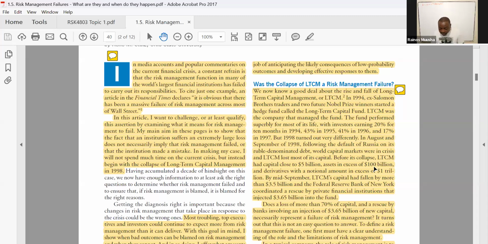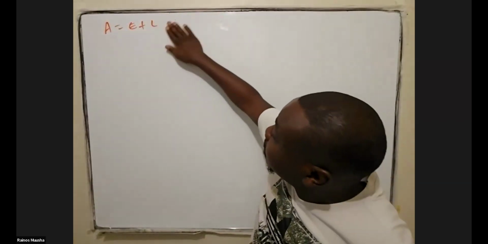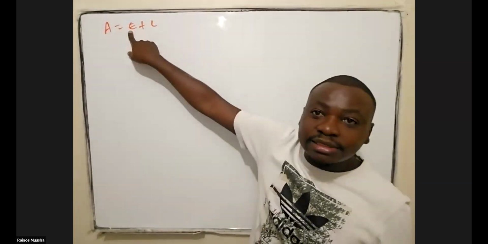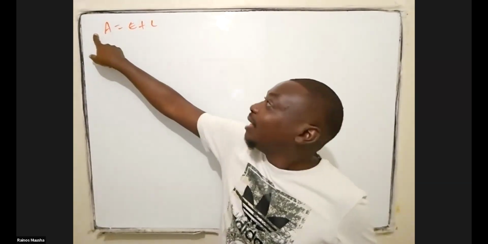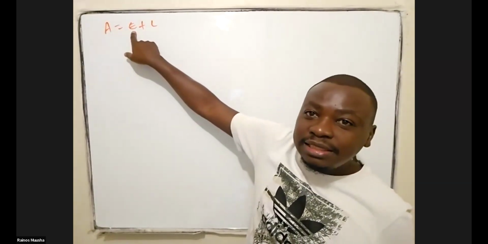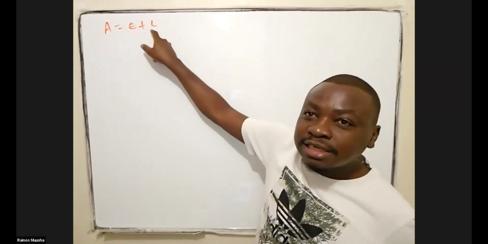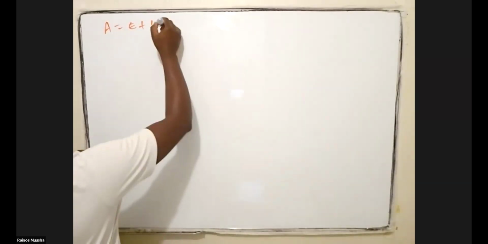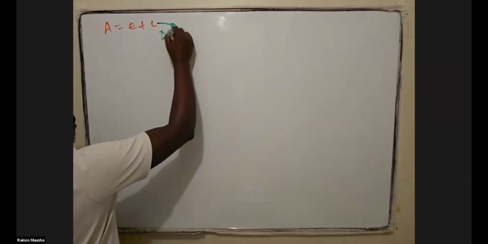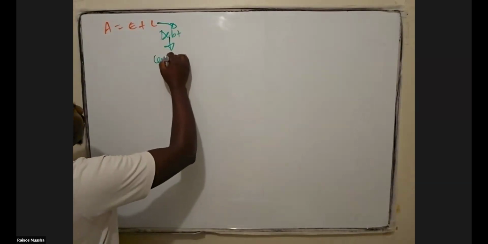Remember, your assets is equal to equity plus liabilities. So if the assets are worth 100 billion and the capital is 5 billion, where is the rest of the finance coming from? It's coming from what? The rest of the finance in this case is coming from debt financing. The use of debt financing is referred to as leverage.